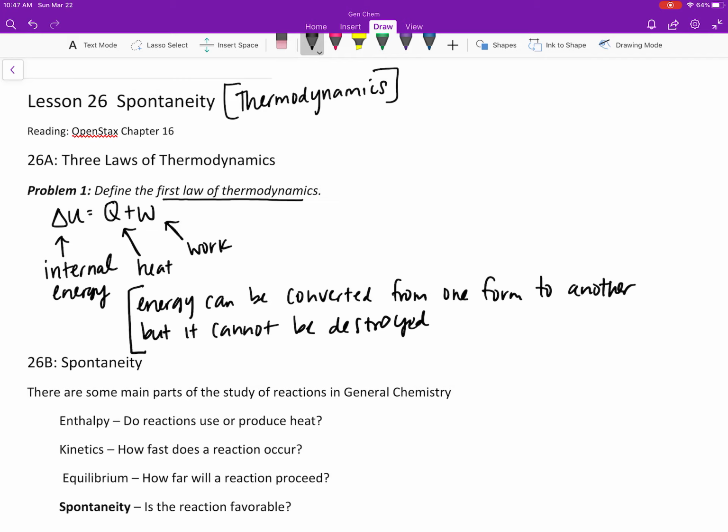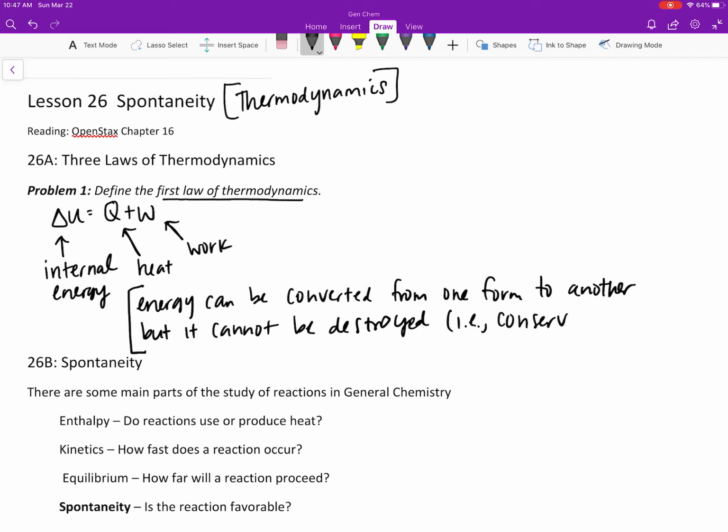You might be thinking this sounds like a conservation law, and it kind of is. We cannot create heat energy or work energy, but we can convert it. We cannot destroy it. It's going to be 100% converted from one form to another. And that's our first law of thermodynamics.